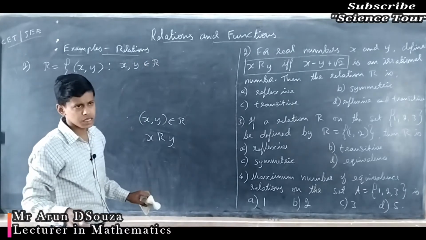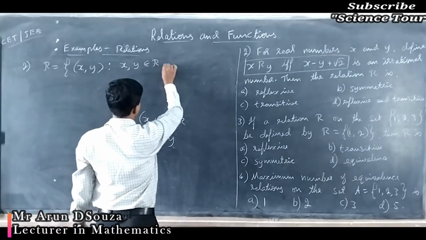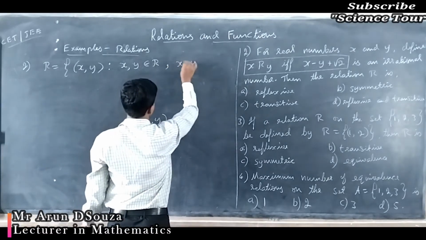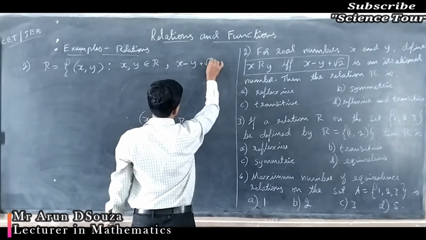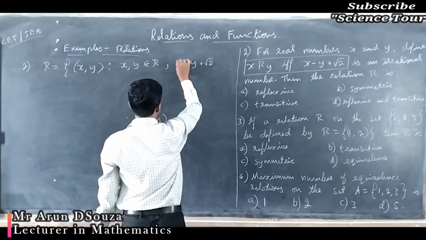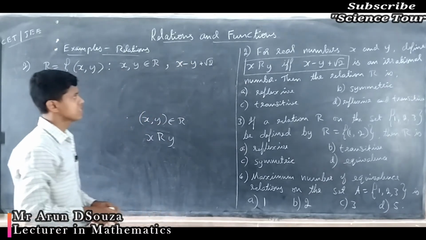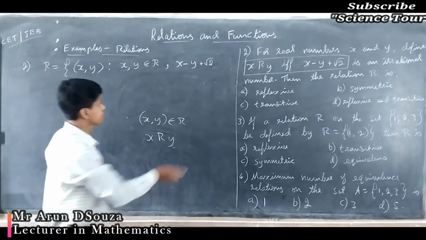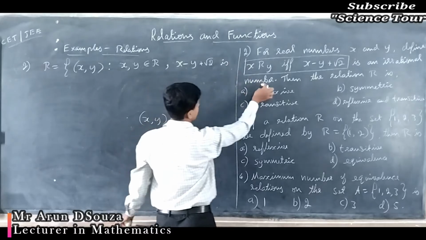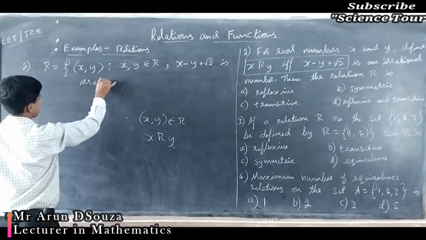So all the real numbers can be taken in the place of x and y, and what else is given? See, this is very important. x minus y plus root 2 must be irrational. So complete the statement.